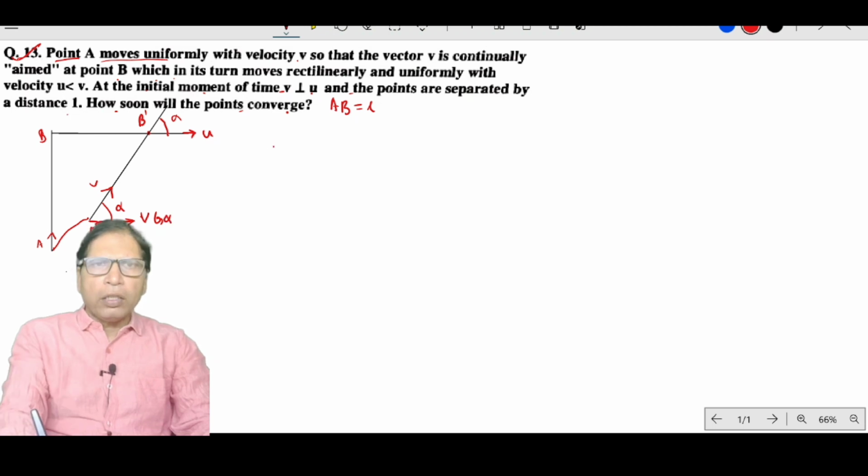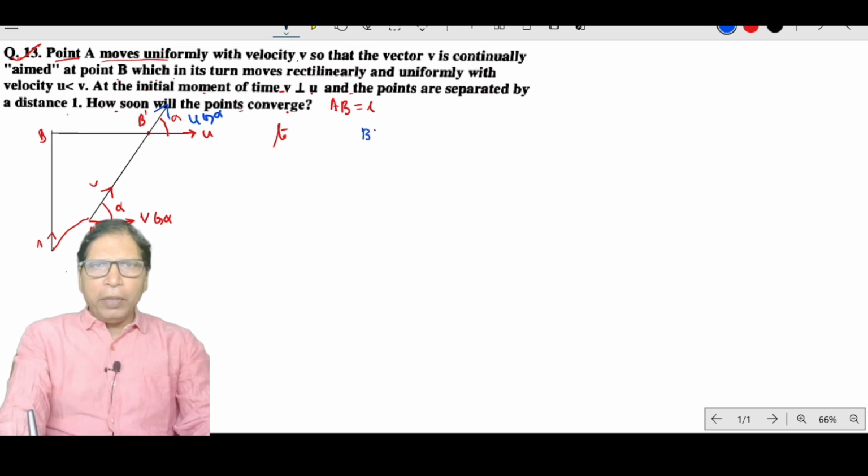Suppose t naught is the time to converge the points A and B. The component of velocity u along this direction is u cos alpha. So here B dash is equal to velocity of B into t naught.